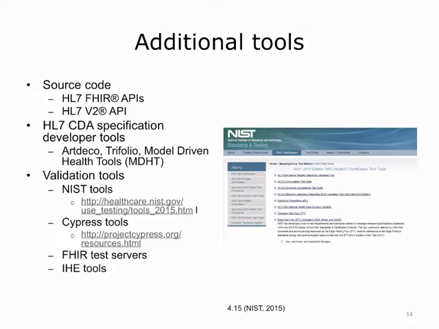These are freely available. The source code and tools listed above are useful to vendors and developers creating interoperable products. However, providers can use them to build site-specific implementation guides, validate their implementations, or do custom development internally. The National Institute of Standards and Technology and Cypress develop testing tools to allow vendors and providers to test interoperability functionality for ONC certification of products.